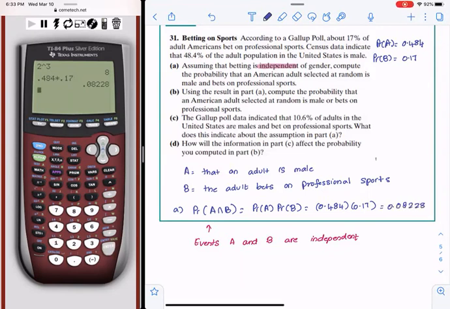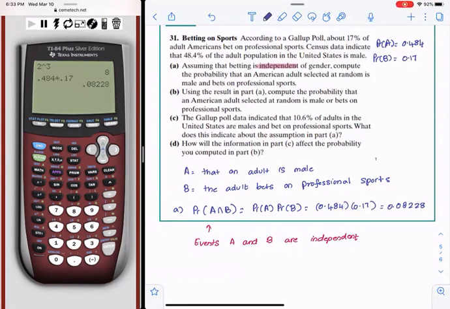And that gives us a probability of 0.08228.